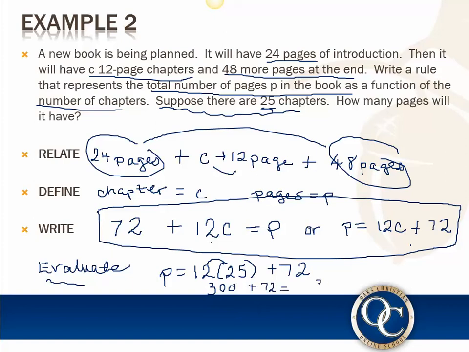That gives me a grand total of 372 pages. So if there are 25 chapters, then this book will have 372 pages. And you're done. In this lesson, you just learned how to write a rule for a function to represent a function. Have a great day.